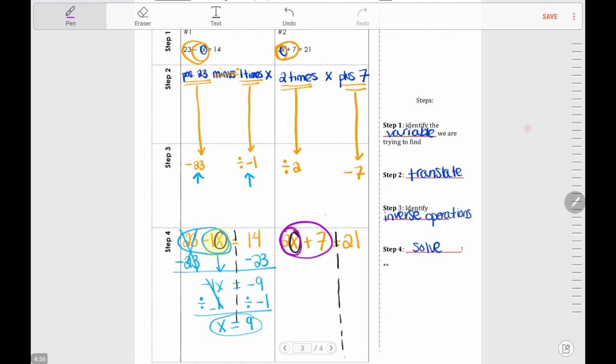So I need to start with my outside layer, and in that outside layer is that positive 7, and the inverse of that positive 7, or that plus 7, is minus. I didn't do anything with the 2x, so I bring it down. My inverses cancel. And in my calculator, I'm going to do 21, take away 7.